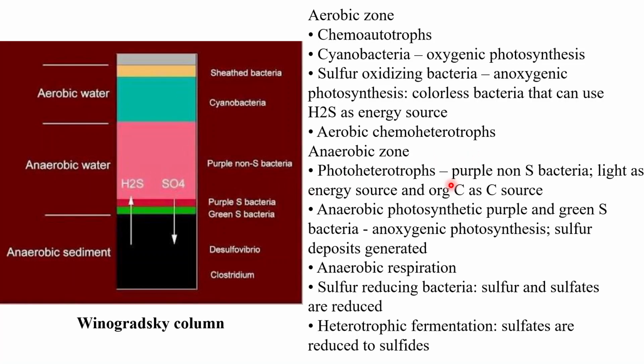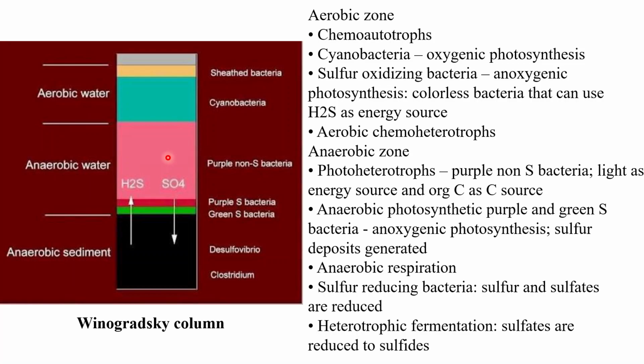In the anaerobic water, you will find photoheterotrophs, because light can still reach this part. Photoheterotrophs can use light as the energy source. Purple non-sulfur bacteria are mainly present in this region, using light as the energy source and organic carbon as the carbon source.